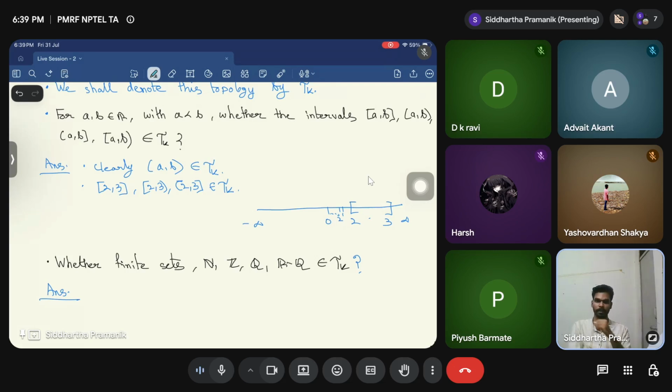For finite sets, N, and Z, you can give a similar argument that they do not belong to tau k.